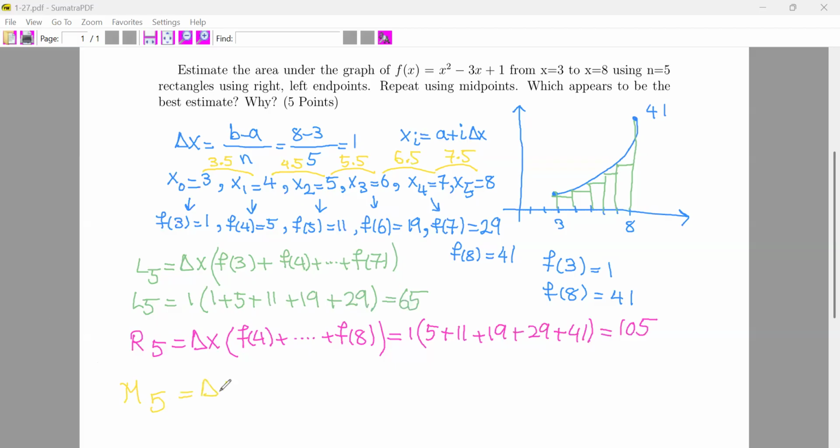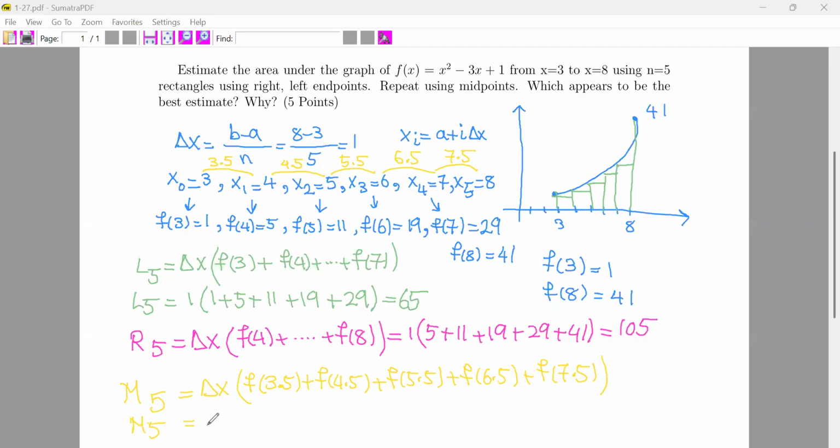We know that delta x is 1, so we're going to find f of 3.5, f of 4.5, f of 5.5, 6.5, and 7.5.